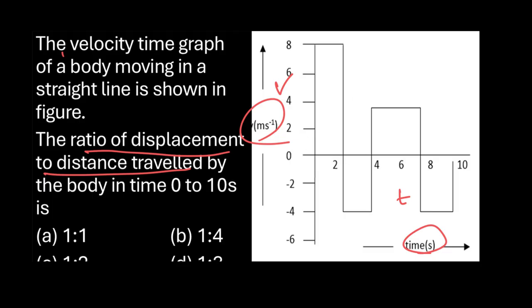And the most important tool that is used to verify and validate laws of physics is experimentation, the observations which are tabulated and then analyzed using a graph, right? And therefore this graph becomes really important. If you know how to find the ratio of displacement and distance traveled from a VT graph, it simply means that you know the concept. So that's what JEE Mains is trying to figure out here.